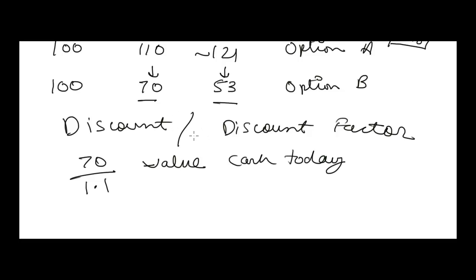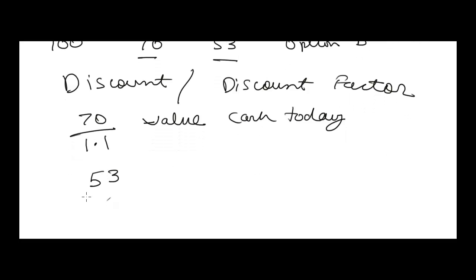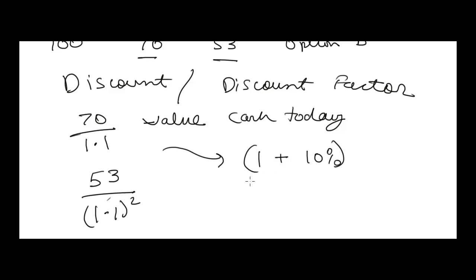Earlier you were getting it after 1 year. And you are now going to look at how much I am going to deposit in the bank so that I get 53 after 2 years, and that would be 1.1 square. This 1.1 is 1 plus 10% that we use to grow our money, and this 1.2 is 1 plus 10% squared.